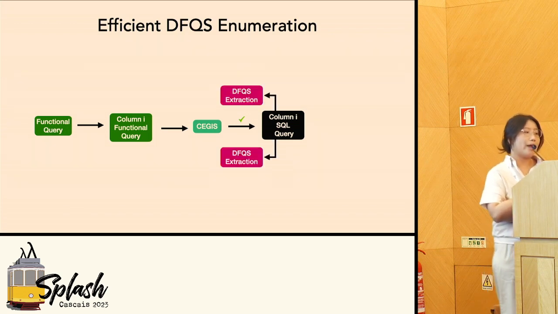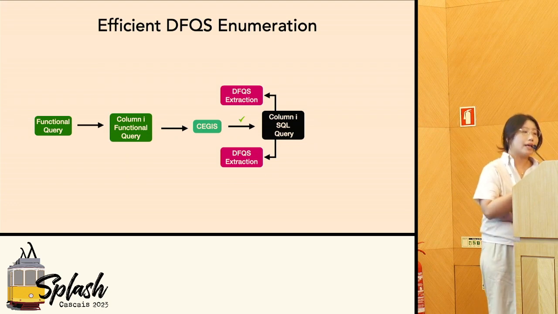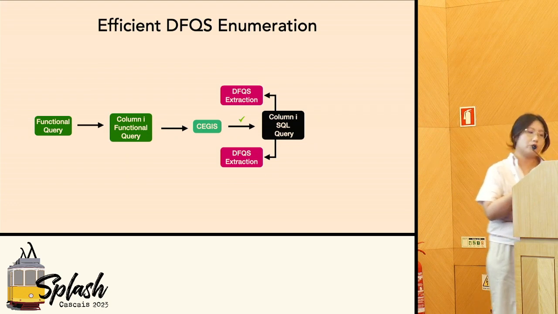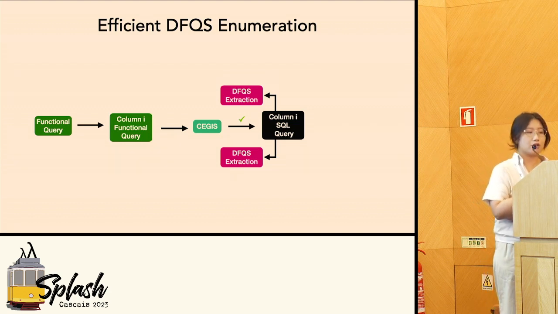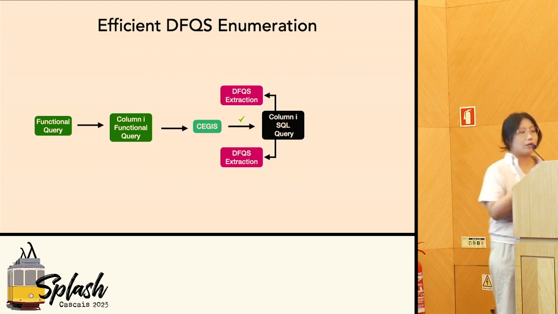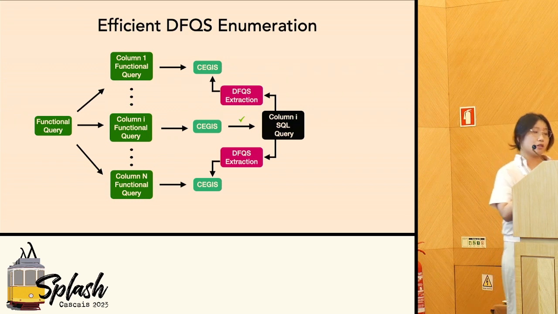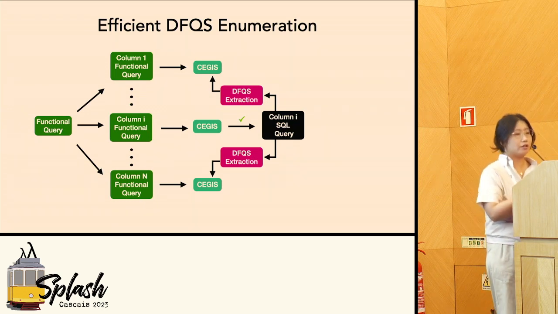Then we pass this generated column query to a DFQS extraction algorithm that extracts a DFQS from a column query. Intuitively, this procedure keeps the concrete sub-expressions of the query that are necessary to maintain the desired properties of a DFQS and replaces all the other parts with holes. Once the query sketch is generated, it is used as the DFQS for all the other synthesis problems for the rest of the columns.